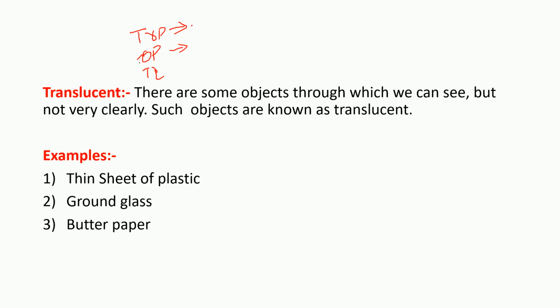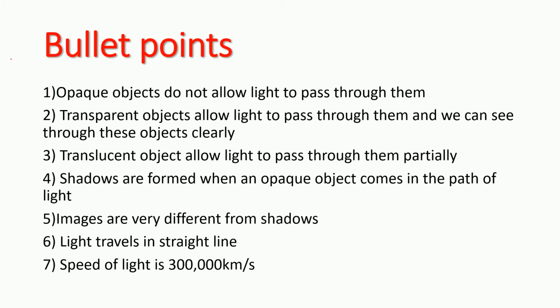Through opaque bodies we can't see the other side. Translucent bodies are partial: we can see only partially, not completely. Examples are a thin sheet of plastic, ground glass and butter paper.